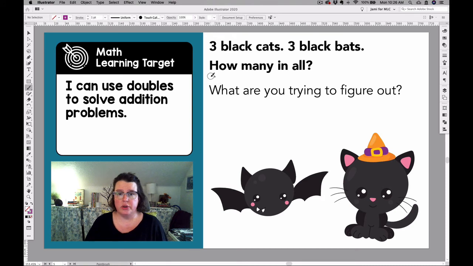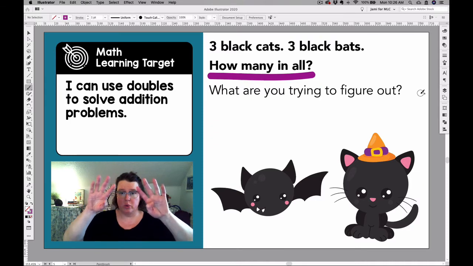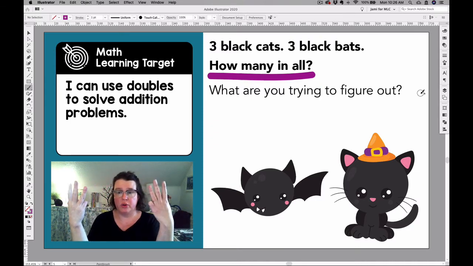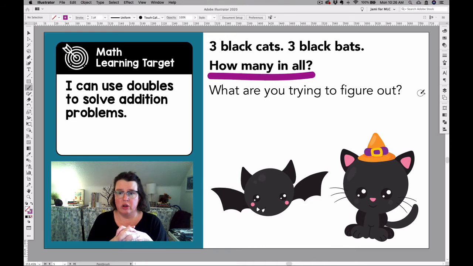I'm going to just underline the whole question. How many in all? I know that that's an addition problem because we're taking 2 groups. I have a group of 3 and another group of 3. And then I'm going to put them together and see how many I have all together.